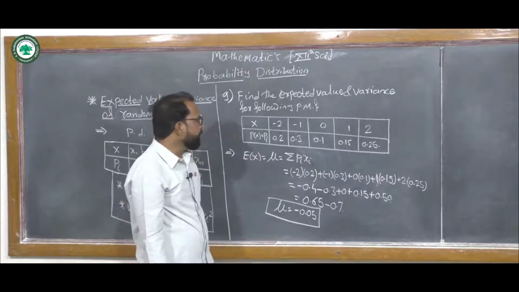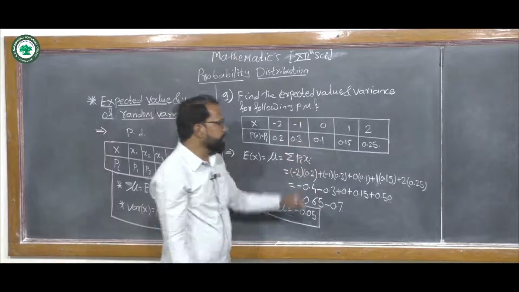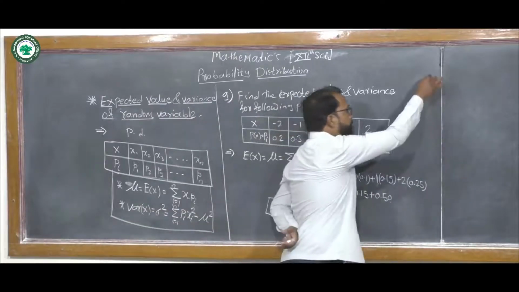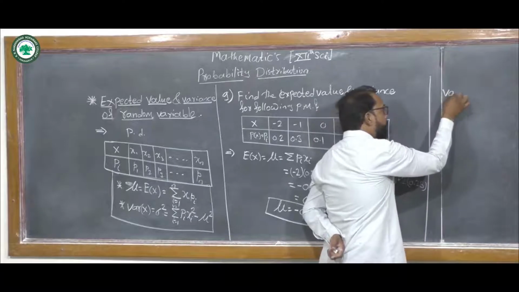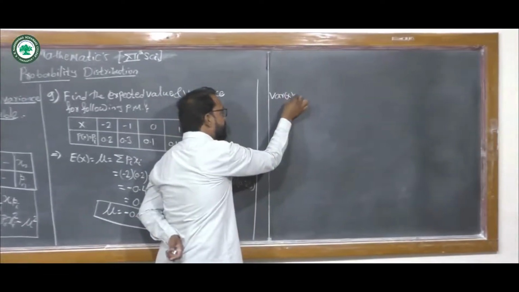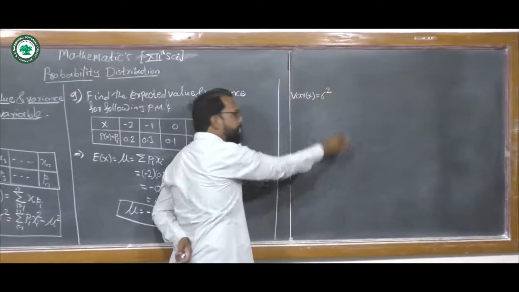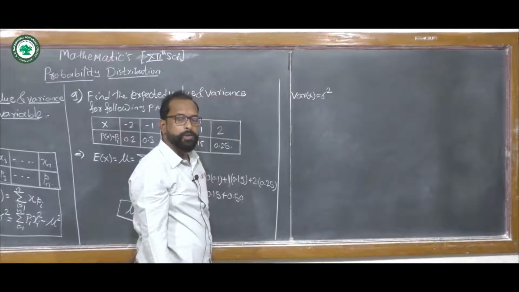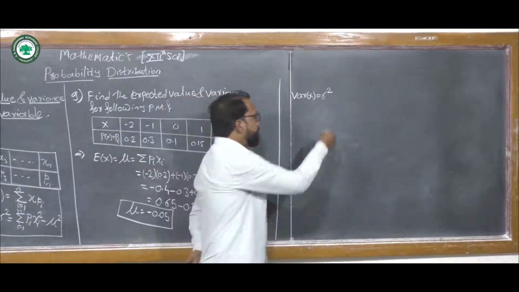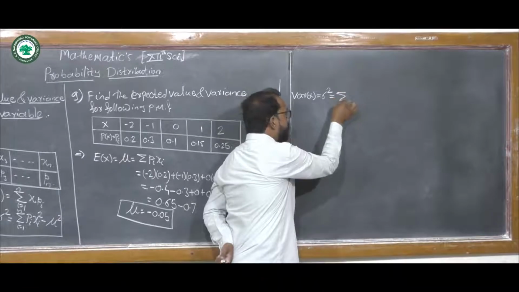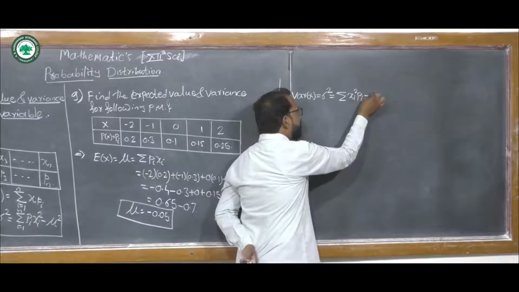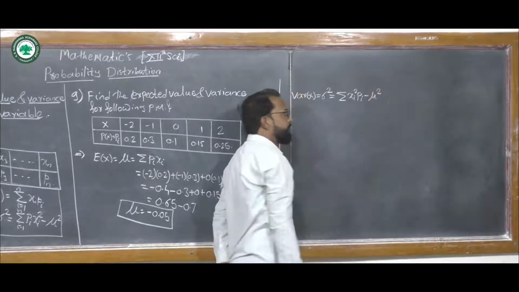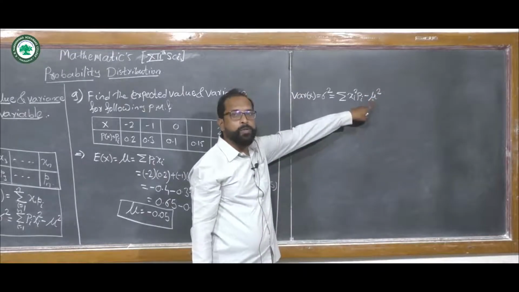Now to find the variance of this random variable x, we know that the formula for variance of x, which is also denoted by sigma square, is given by summation xi square into pi minus mu square, that is the expected value square.